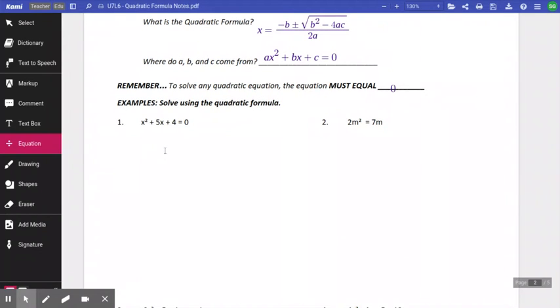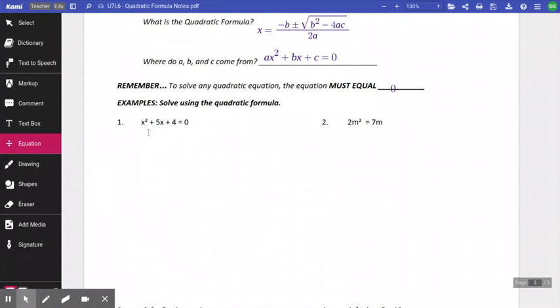So starting off with quadratic formula, one of the first things I want to do is figure out what A, B, and C are. When you're looking at the equation, just like when you're factoring, sometimes it equals 0. That makes it real easy. If you have an equation that does not equal 0, you might have to do some moving of the terms, some solving to make it equal 0 before you can start using your formula.